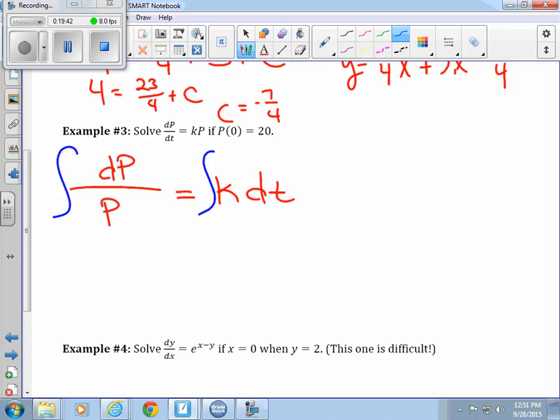Integrate both sides. What is the antiderivative of 1 over p? Natural log of the absolute value of p equals kt plus c. So far, so good. Put in 0 for t and 20 for p. Everyone agree with that? 0 for t, 20 for p.